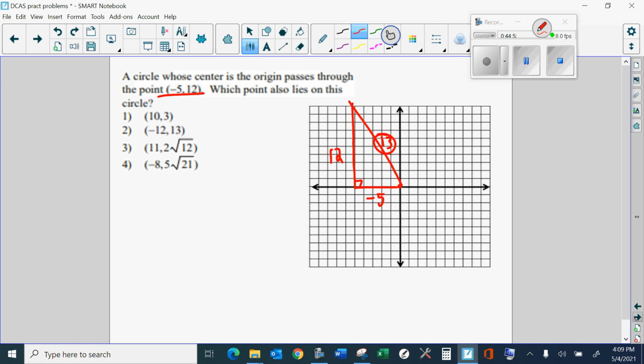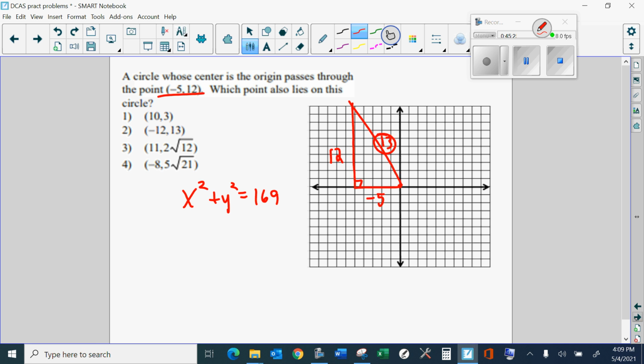Okay. It needs to have a length of 13. So which one is 13 units from the origin? So if I have x squared plus y squared equals 169.